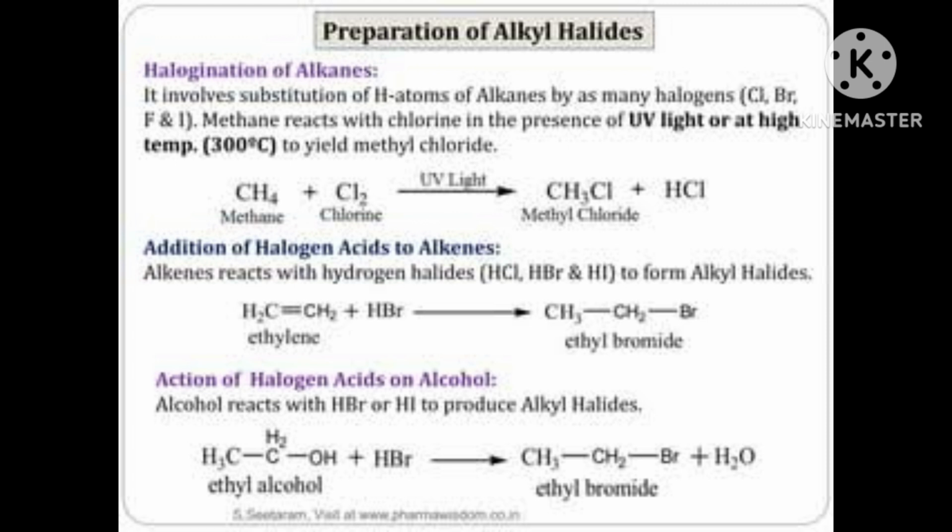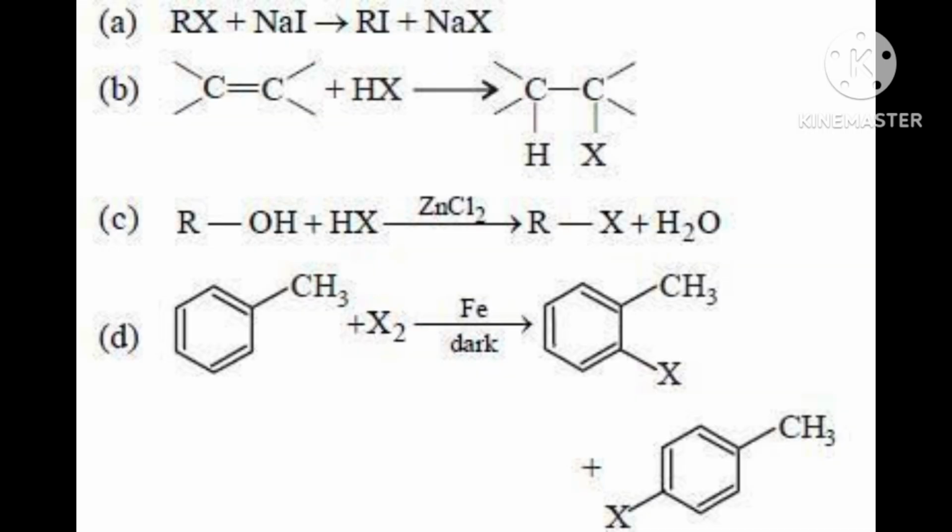RX was there, X gone, I came in its place and formed RI, and that X went with sodium and formed NaX. Here X may be chlorine or bromine, Cl or Br. NaCl or NaBr thus formed is precipitated in dry acetone.